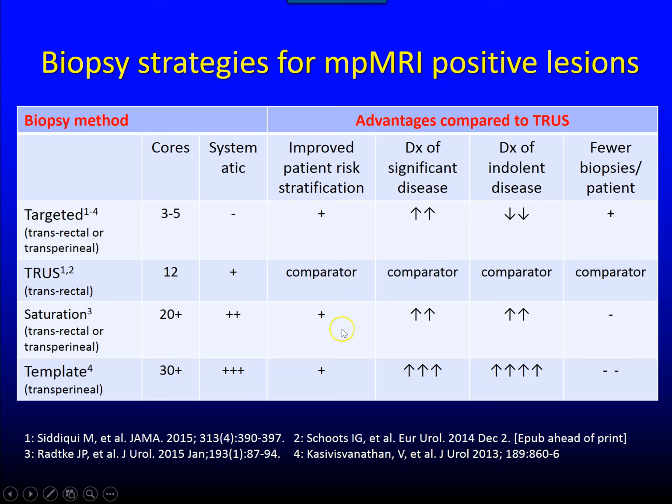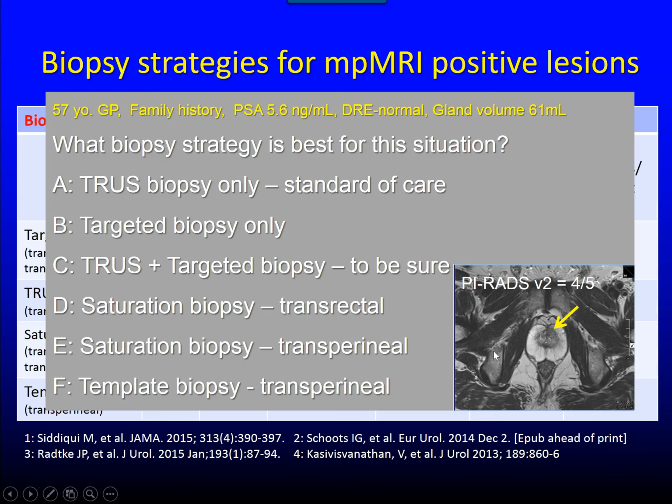However, you would improve risk stratification, no doubt about it. You would increase the diagnosis of clinically significant disease. However, the diagnosis of indolent disease would increase dramatically also. So you may not want to use these approaches.